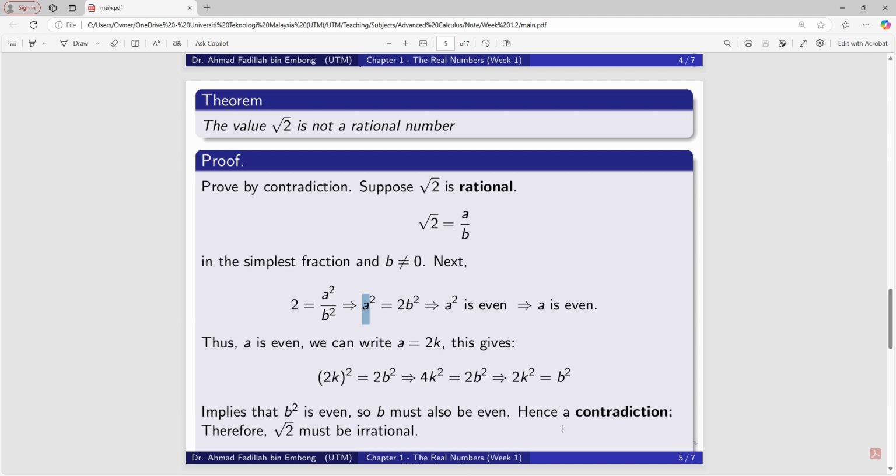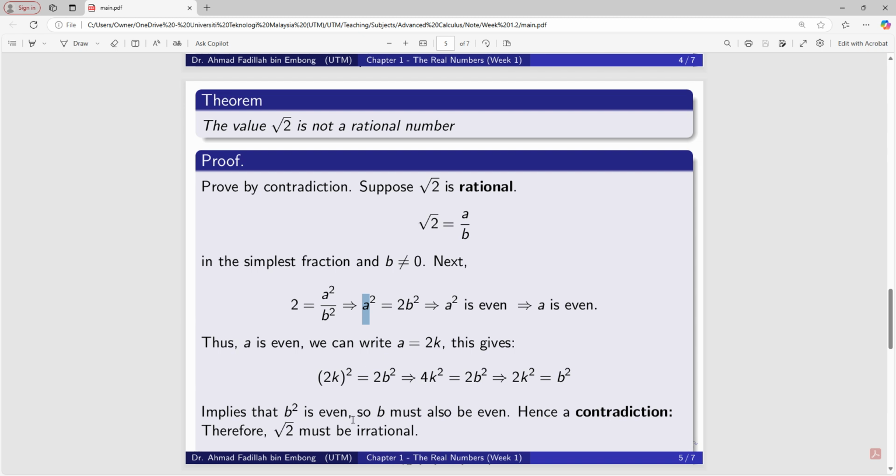Hence, a contradiction here. So why is it a contradiction? You can pause the video for a while and think why I say that this is already a contradiction. When we found b is already even, then it is a contradiction. So you can pause, think for a while. Okay, if you have the answer, good.